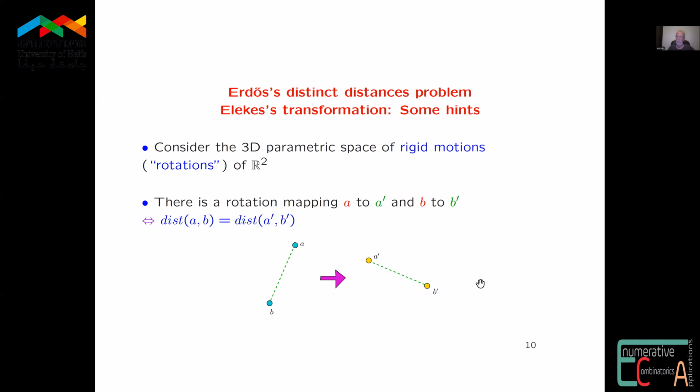So we can think about them as points in 3-space. Now if you take a pair of points A, B, and another pair of points A prime, B prime, and you want to map A to A prime and B to B prime by a rotation, you can do it if and only if the distance between A and B is equal to the distance between A prime and B prime. This is an obvious triviality.